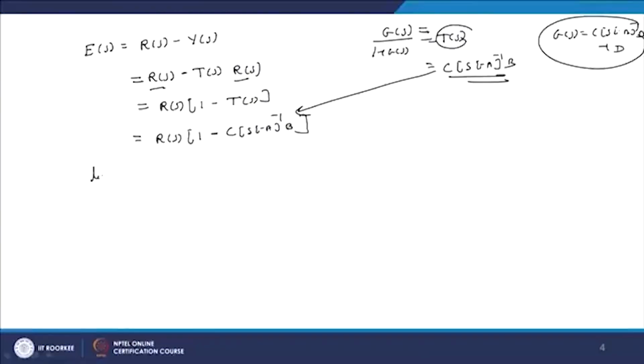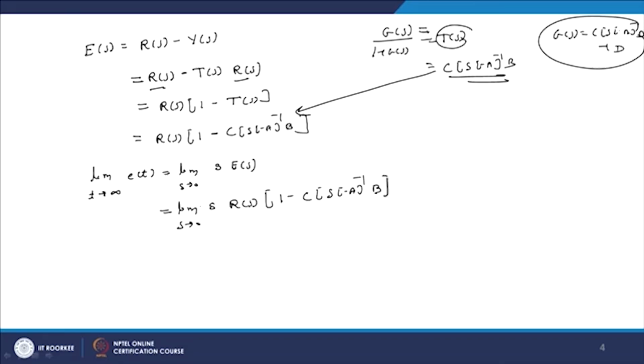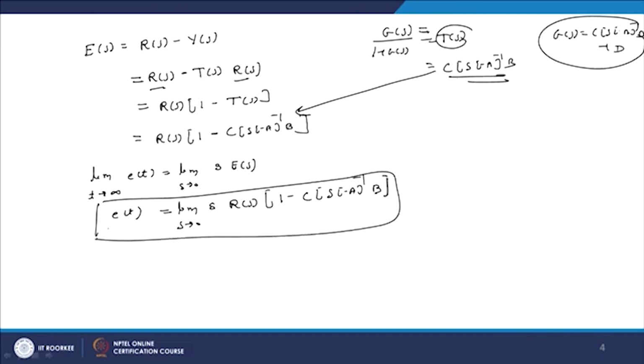Therefore, this limit t tend to infinity E of t equal to limit s tend to 0 of S into E of S, and finally, this can be written as limit s tend to 0 of S into R of S divided by 1 plus C (SI - A) inverse B, that is steady state error is like this, that is limit t tending to infinity.